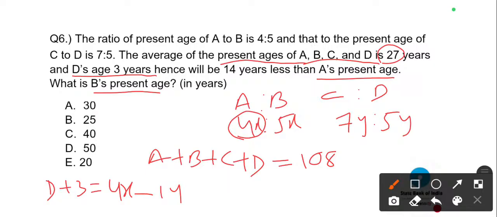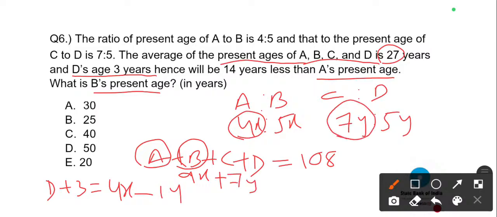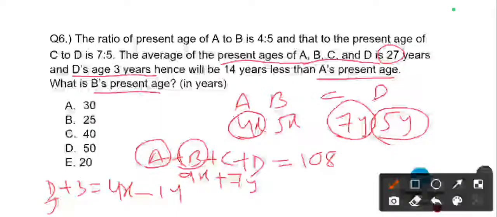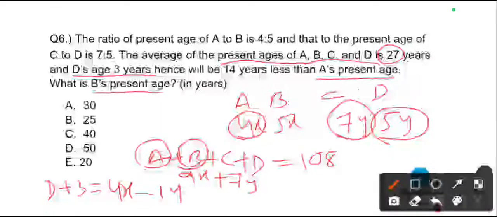So this will be 4x plus 5x, totally 9x parts, plus C is nothing but 7y. Instead of D we can write 5y.